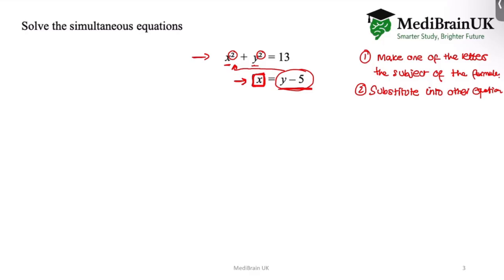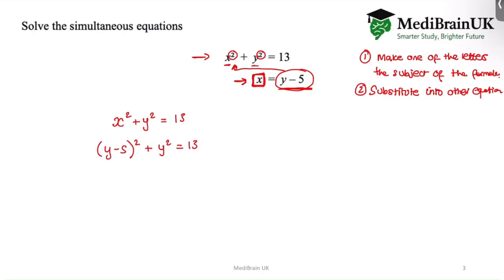Now, once you've substituted it into the other equation, you'll get something like this. We originally had x squared plus y squared equals 13. We know that x is the same as y minus 5, so we're going to have y minus 5, squared, instead of x squared, plus y squared equals 13.